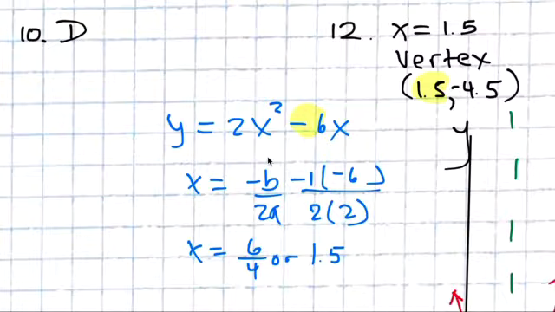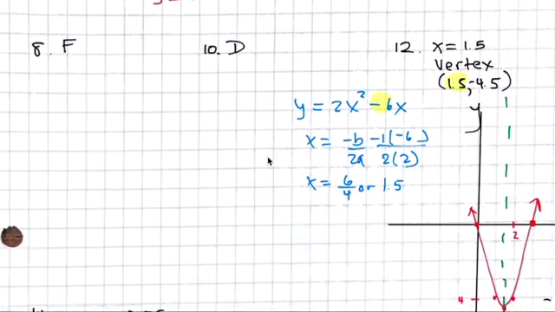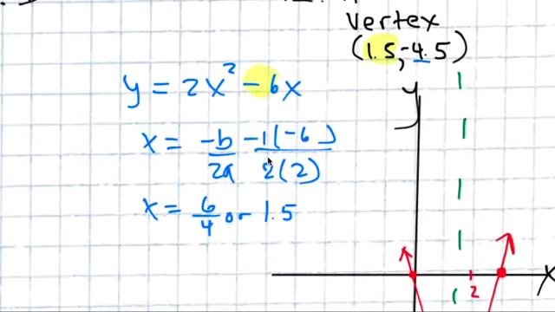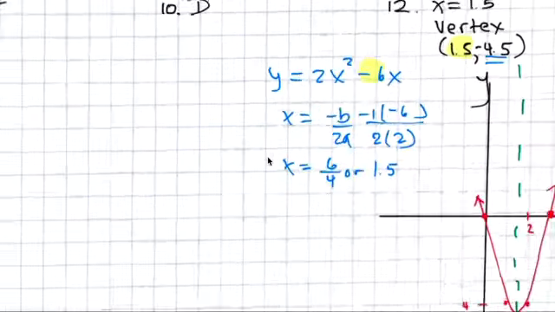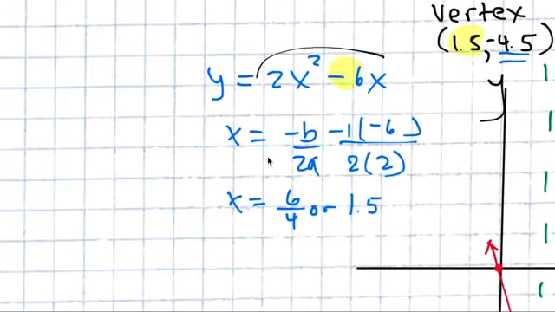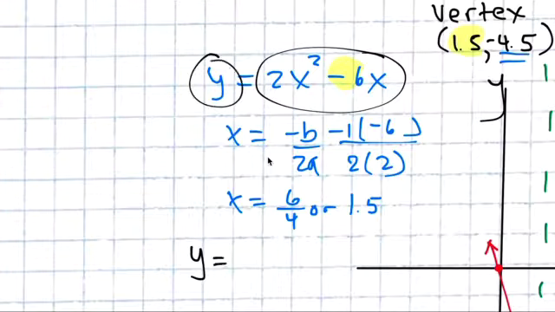Now to find what y is, this x is substituted back into the problem. So you use this problem here: y equals 2 times 1.5 squared minus 6 times 1.5.